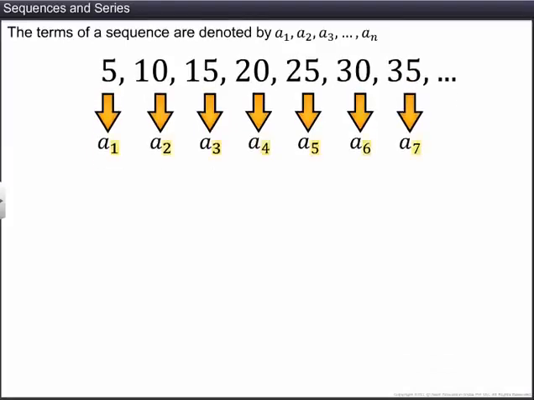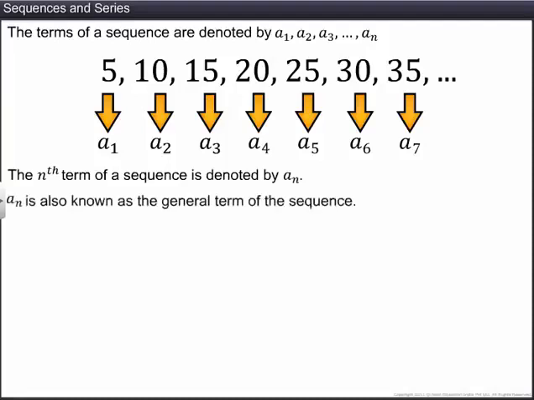Observe that the subscripts denote the position of the terms in a sequence. If we say the nth term of a sequence, it means that the term is at the nth position in the sequence. The nth term is denoted by A with subscript n. An is also known as the general term of the sequence.